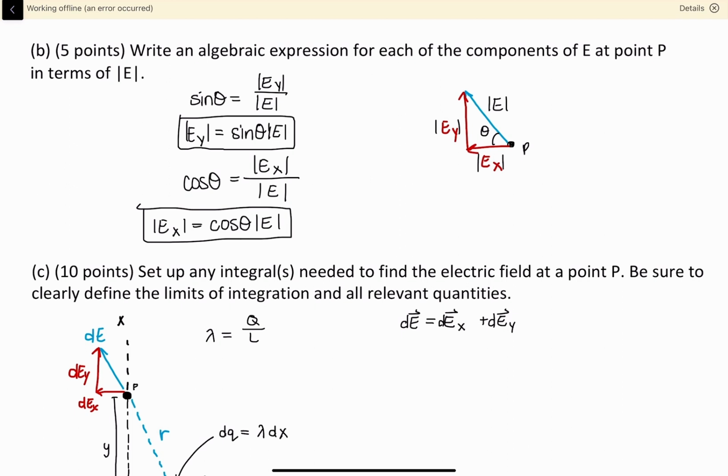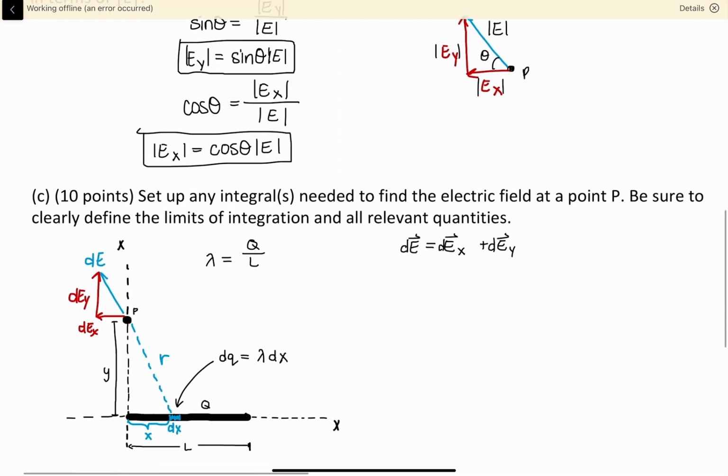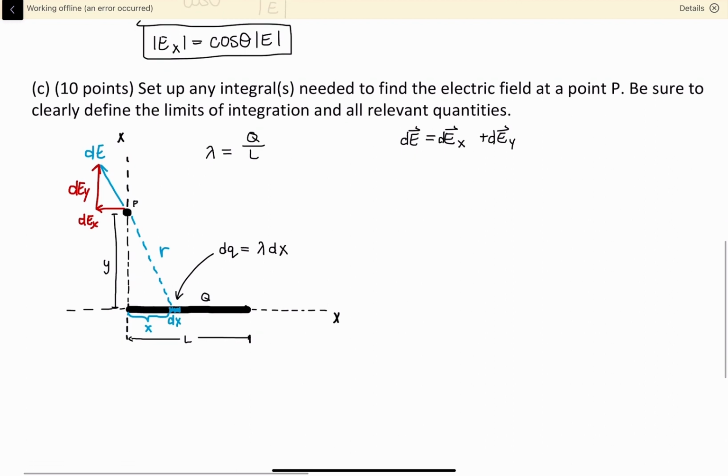So EY is going to be equal to sine theta times the magnitude of E, where the magnitude of E, DE, due to this small amount of the length, will be equal to KQ, in this case DQ, over R squared.